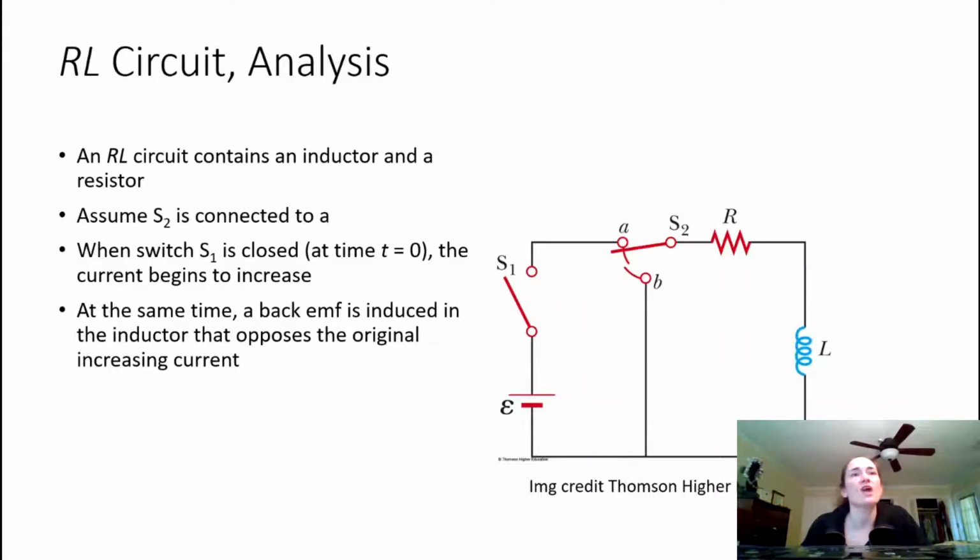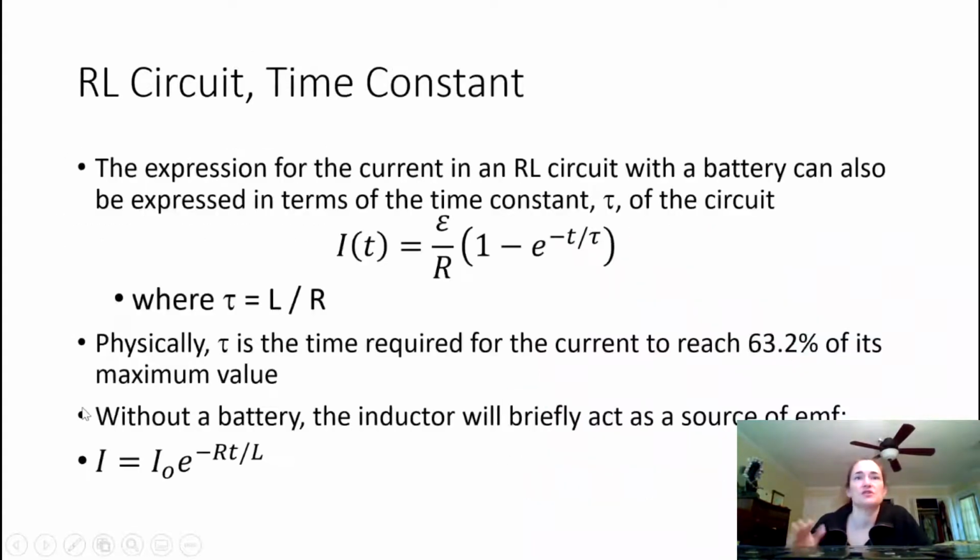Let's say you've got your battery, resistor, and inductor, and you close the switch. Then the inductor will at first have a very strong resistance to the flow of current. It's going to generate a very large back EMF initially because that's when the rate of change of the current is largest. So your current as a function of time will start off at 0 and exponentially increase towards what it would be if there were no inductor there.